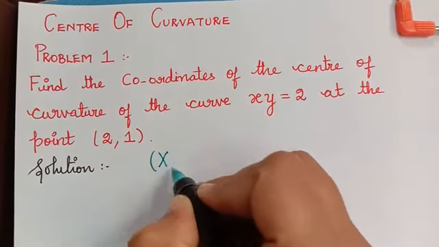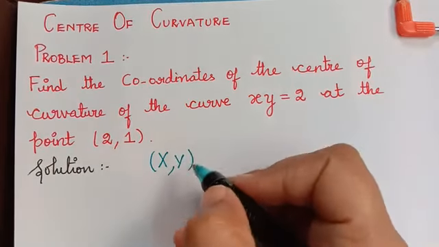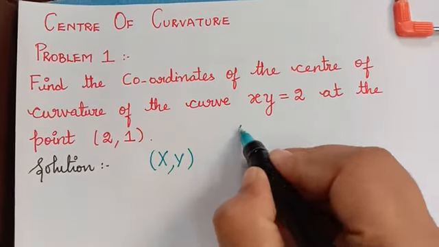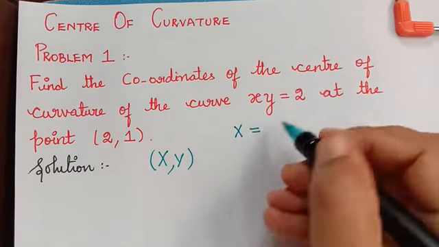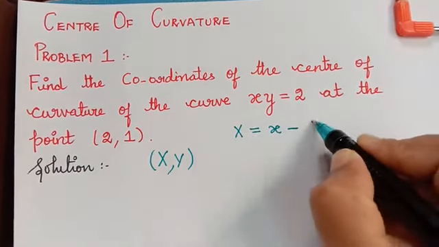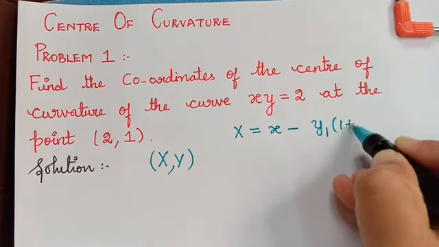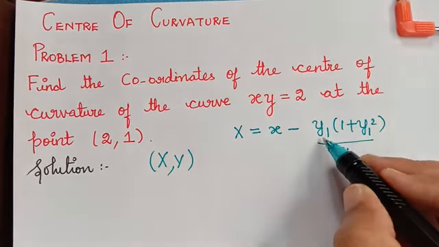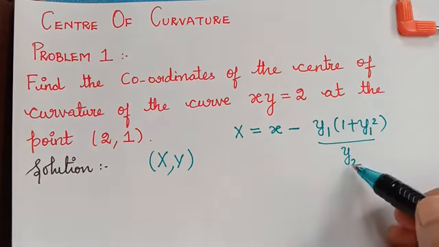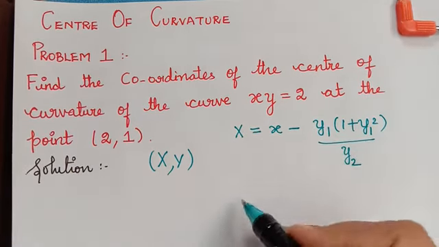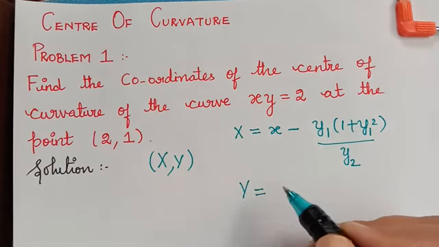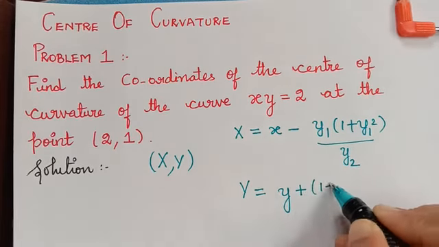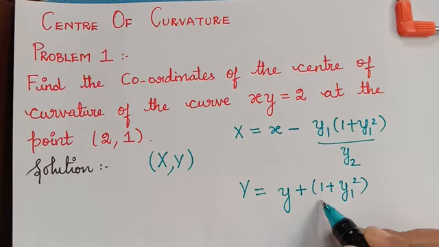If the point is (x, y), the center is represented as (capital X, capital Y), where the x coordinate is given by the formula capital X equal to x minus y1 multiplied by (1 plus y1 square) divided by y2, where y1 represents the first derivative of y and y2 represents the second derivative of y.